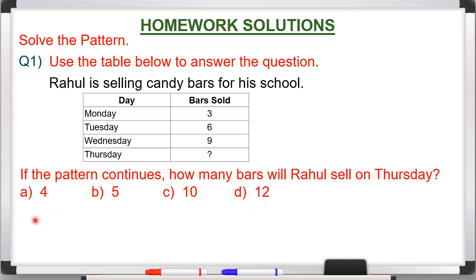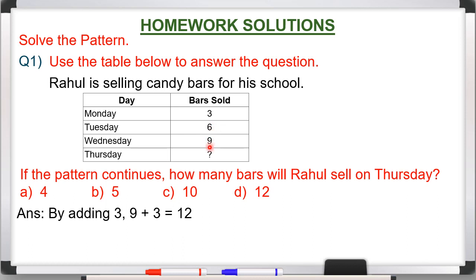So here beta, answer is by adding 3. 9 plus 3 equal to 12. Clear? See here, by adding 3, 3 plus 3, 6. By adding 3, 6 plus 3, 9.